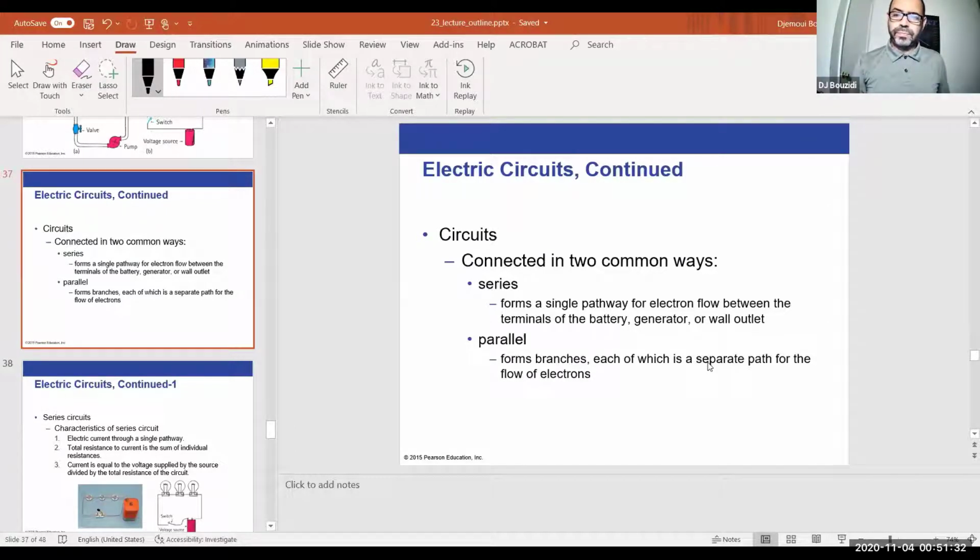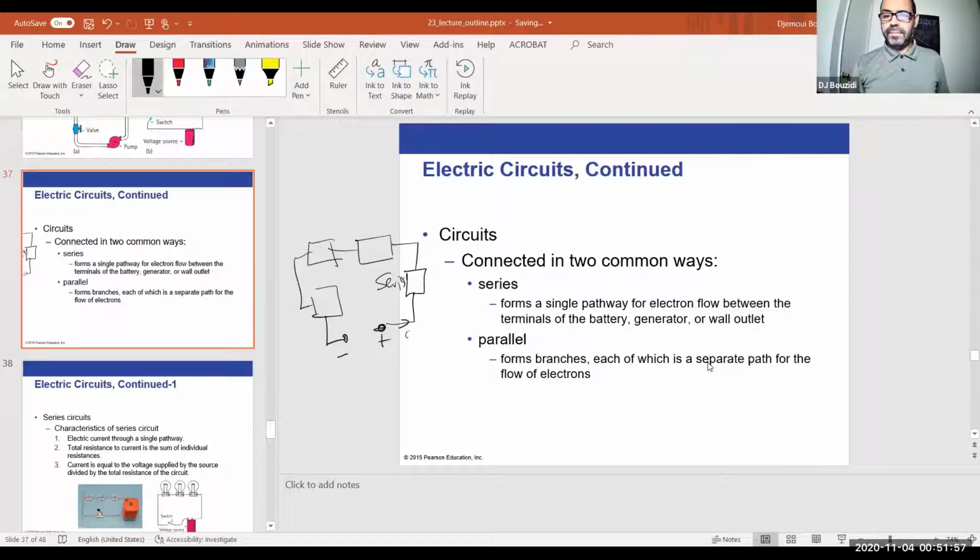Okay, so you take, for example, from the source, let's say a battery. This is the positive of the battery. You go through component one, whatever, the resistor, for example, another resistor, a light bulb, something else, for example your computer, and you come from the other side to the negative side of the battery. These are in series, one after the other.